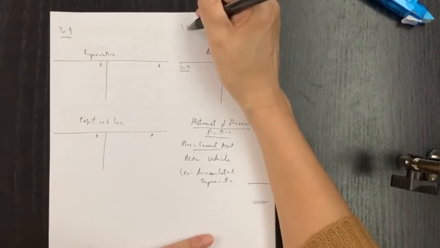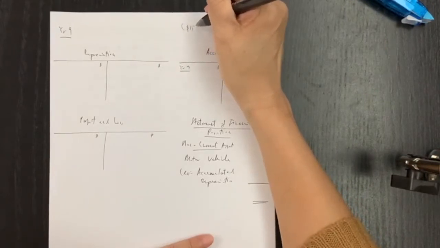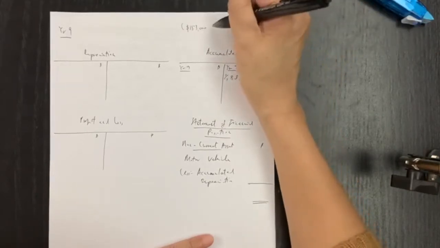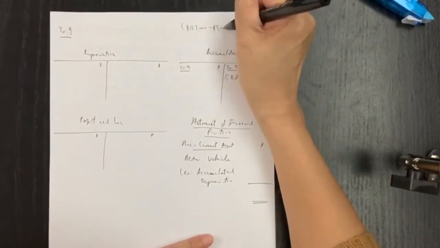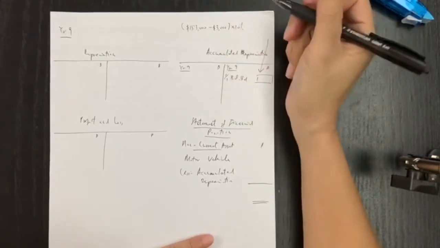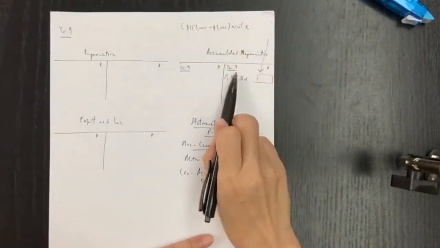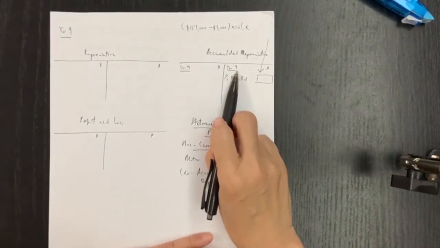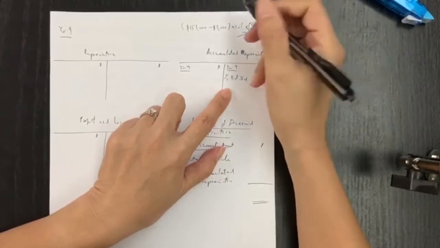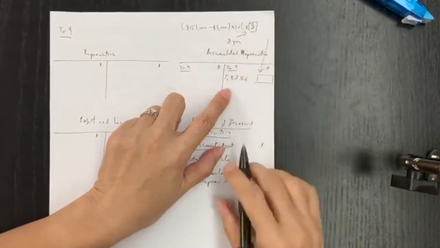So that will be, I have my cost. Right, this is the cost 153,000 minus the residual value, okay, times the rate 10%, and then times, since this is year 9, at the beginning of year 9 that means we have used this for 8 years. So times 8, used for 8 years.